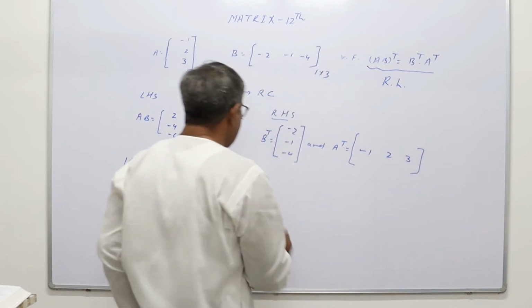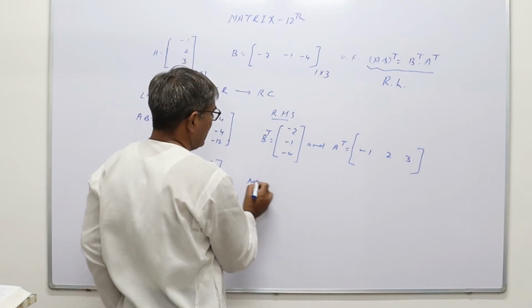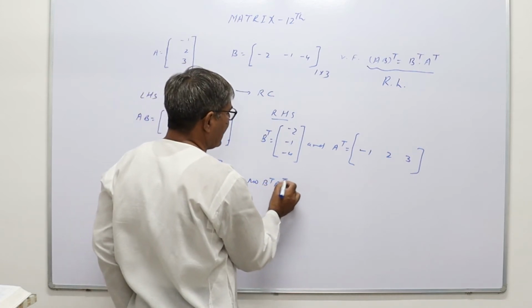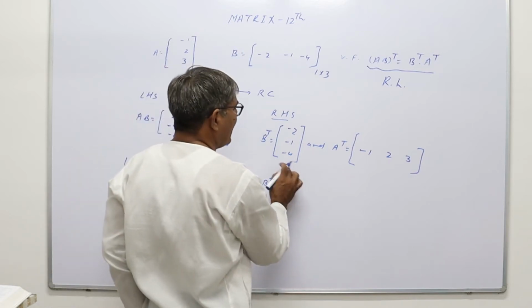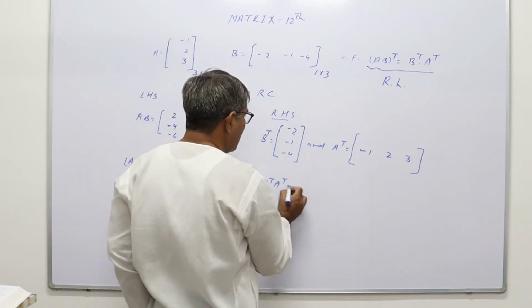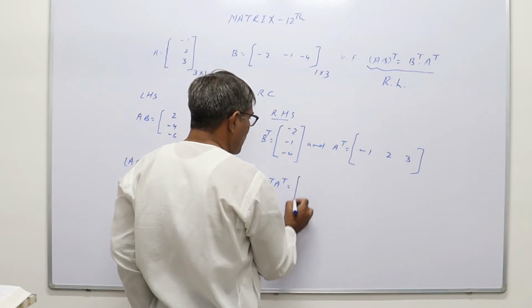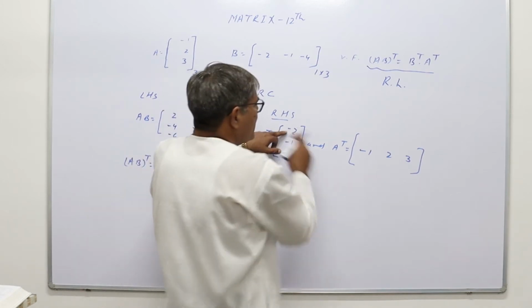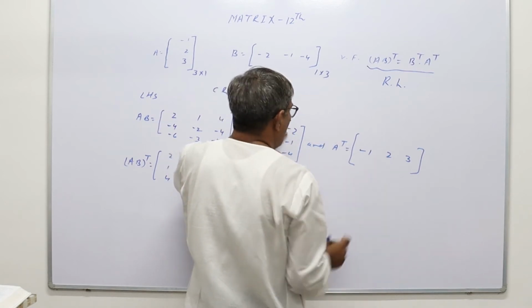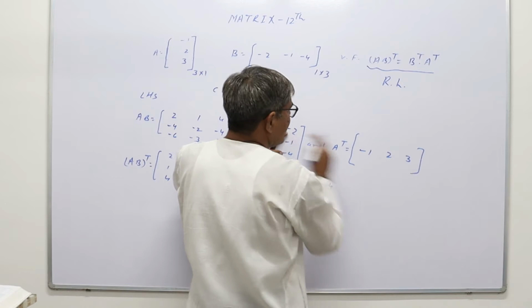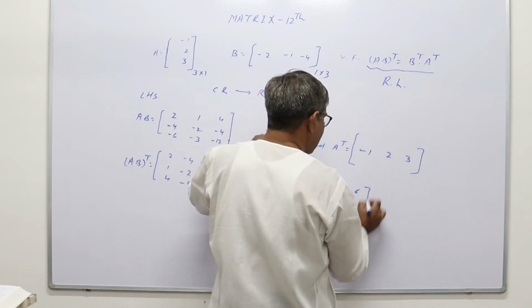Now B transpose into A transpose. We simply have to multiply this matrix with this matrix. So it will be equal to minus 2 into minus 1, that is plus 2, minus 2 into 2, minus 4, minus 2 into 3, minus 6.